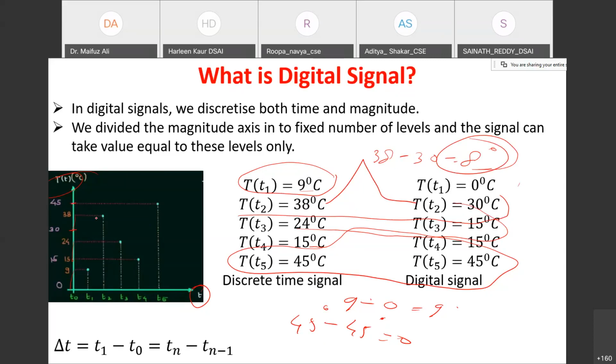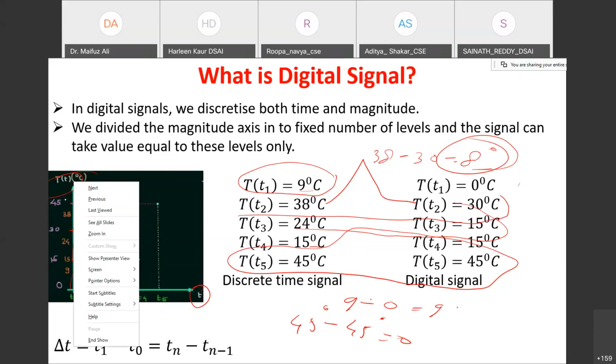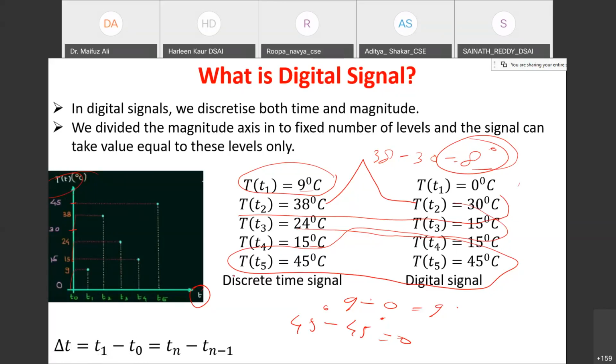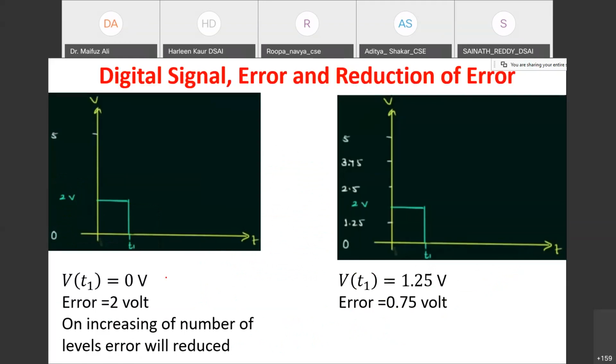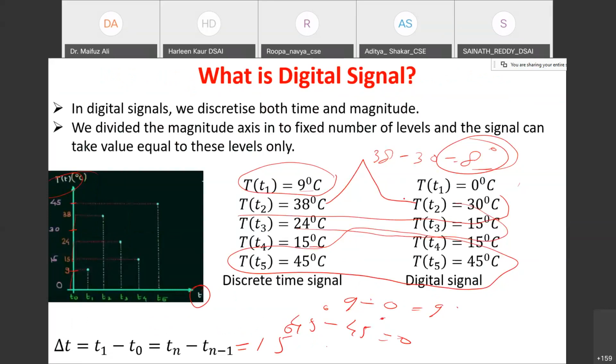If you increase the levels up to a 10 degree interval, instead of the 15 degree interval here, then it will be 9.